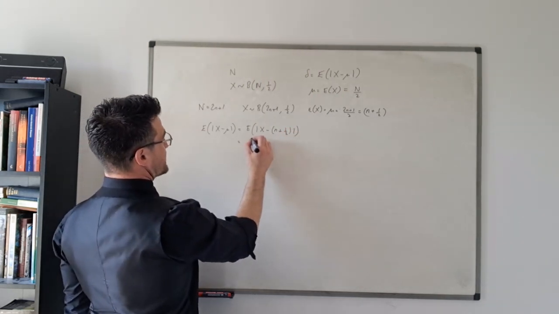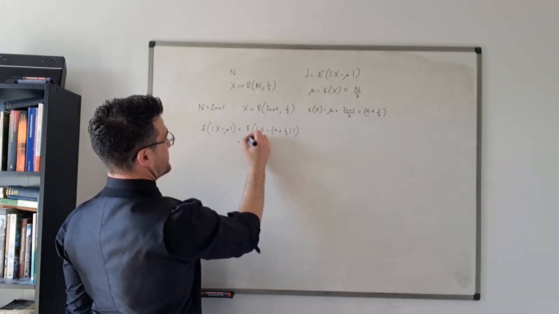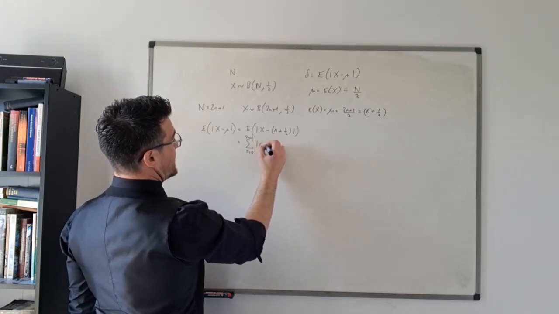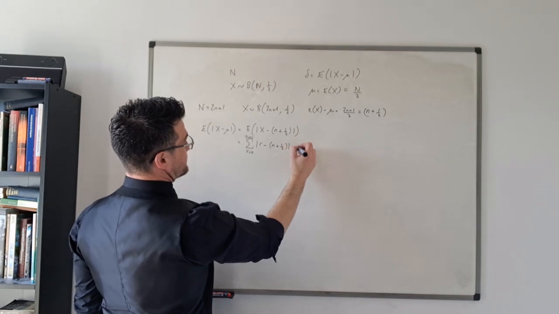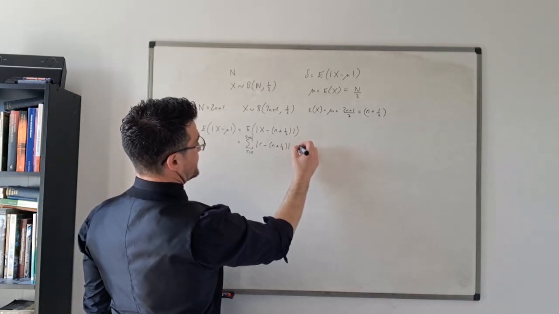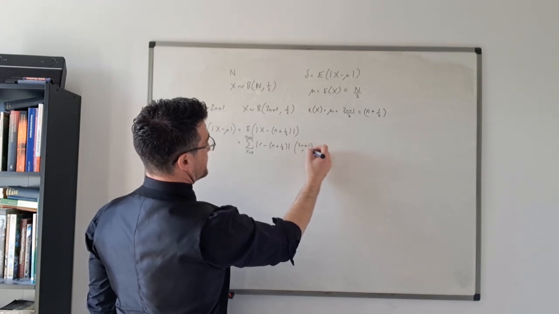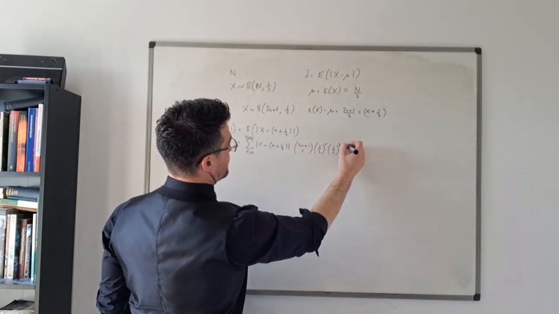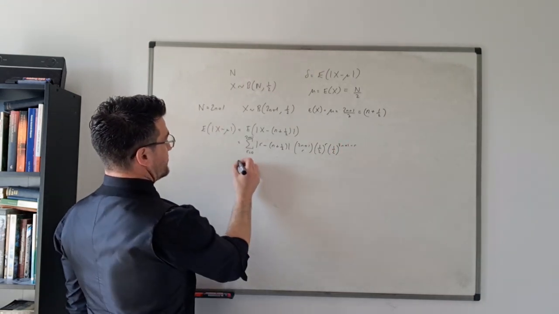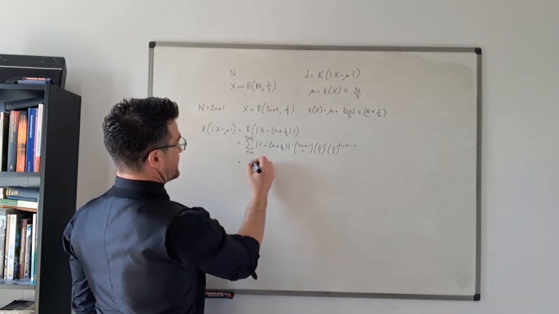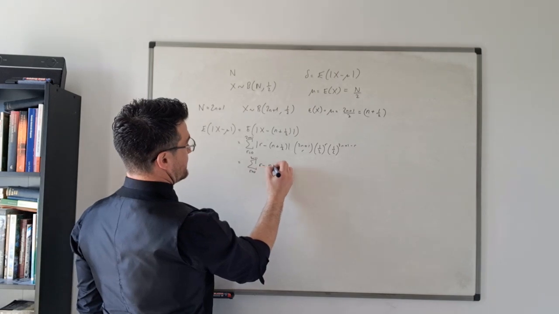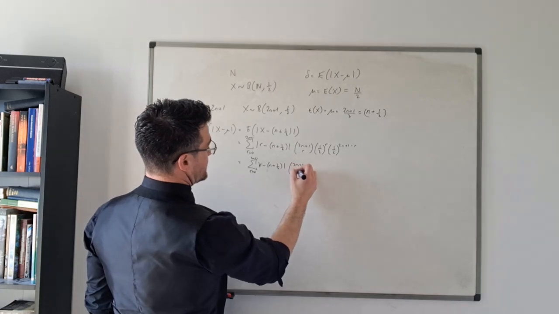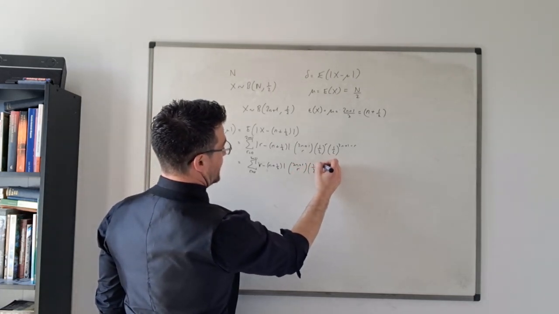So this is equal to the sum from r equals 0 to 2n plus 1 of the modulus of r minus (n plus a half) times the probability, so it's going to be 2n plus 1 choose r, half to the power of r, half to the power of 2n plus 1 minus r, which of course is equal to the sum from r equals 0 to 2n plus 1 of the modulus of r minus (n plus a half), times 2n plus 1 choose r, half to the power of 2n plus 1.